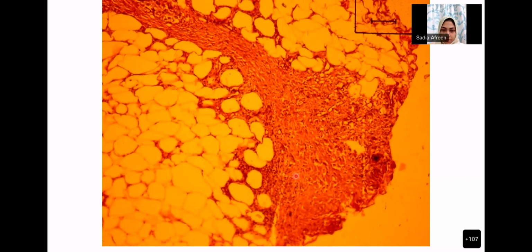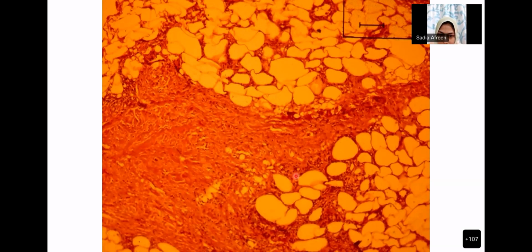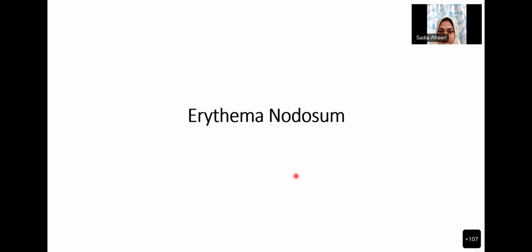In this section, we can see there is mild inflammation present in the fibrous septa, which is more marked at the junction of the septa and the lobule, and there is very minimal fat necrosis present.